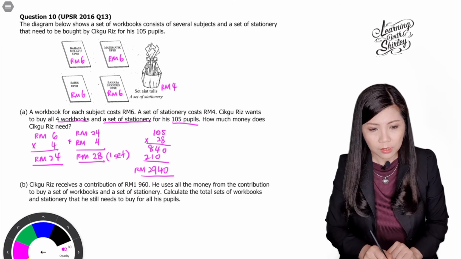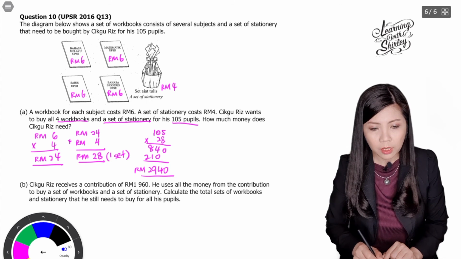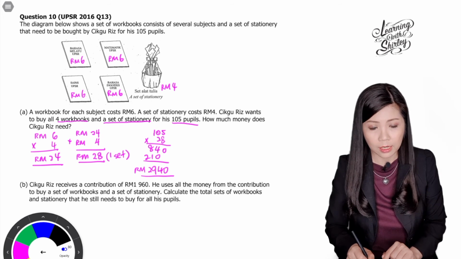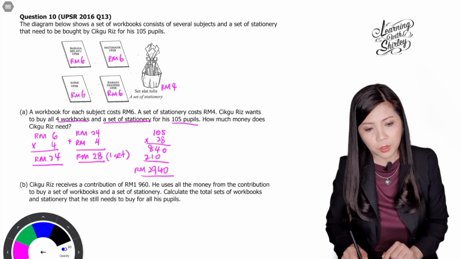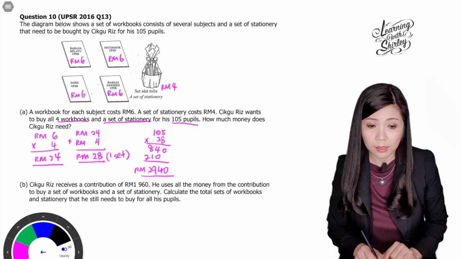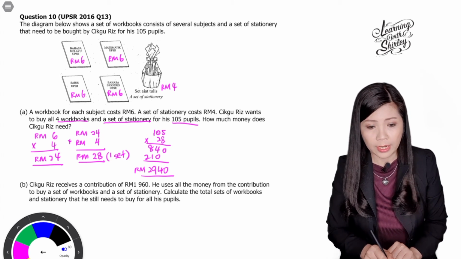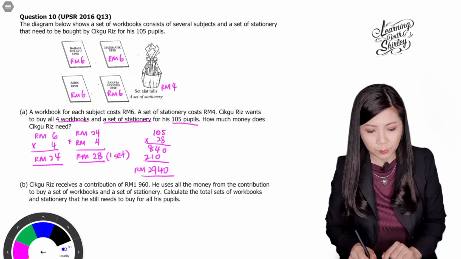Next, let's move on to the next part. Cikgu Riz receives a contribution of 1,960. He uses all the money from the contribution to buy a set of workbooks and a set of stationery. Calculate the total sets of workbooks and stationery that he still needs to buy for all his pupils.